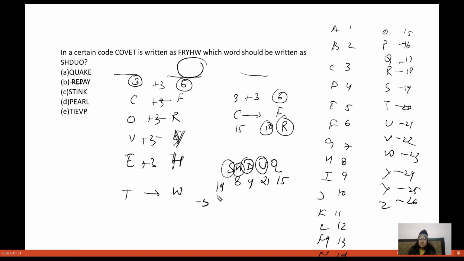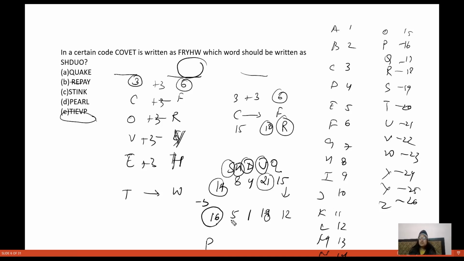Now do minus 3 for each of these numbers. This will become 16, 5, 1, 18, and 12. So what is the 16th letter? P, obviously. So you know that this will be pearl, but let us keep checking it.